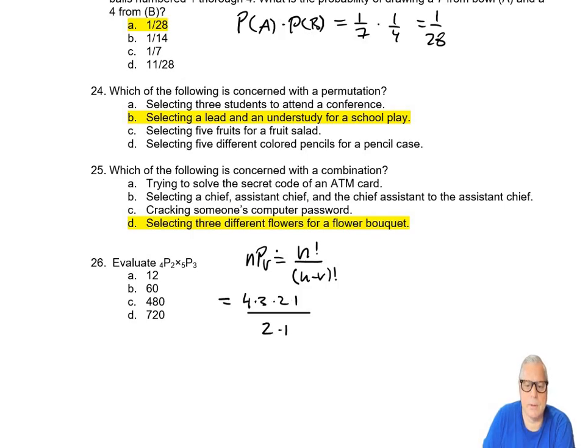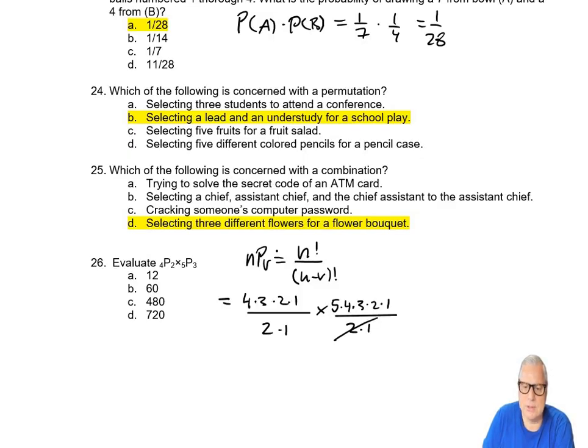Okay, so times, now the second one is 5 factorial. So 5 times 4 times 3 times 2 times 1 over 2 factorial, 5 minus 3, 2 times 1.